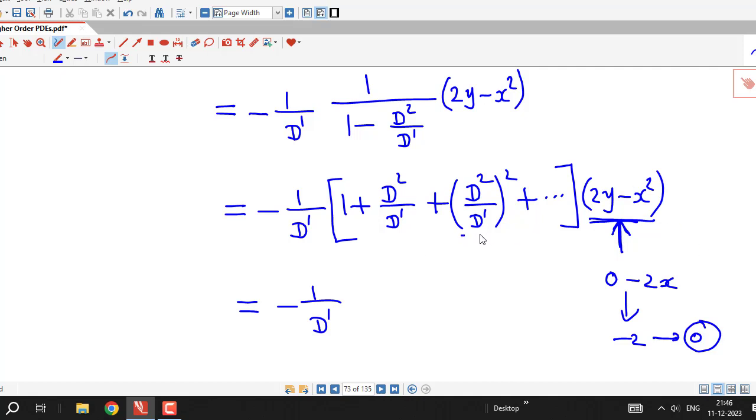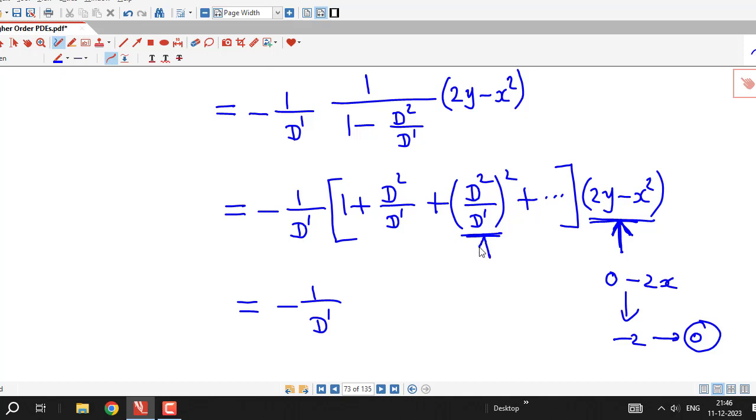So it is not necessary to write this term also, because here we will have D to the power 4, that is the fourth order partial derivative with respect to x of this function, which is going to be 0. So the non-zero terms will be from the first and second term of this series only.